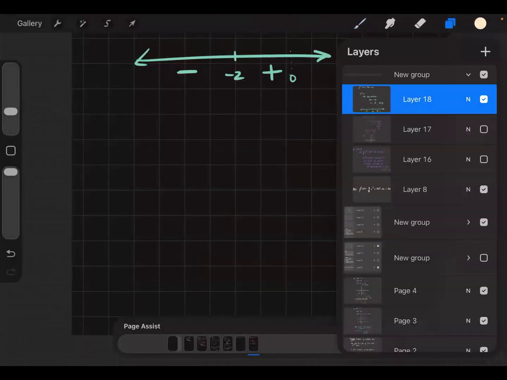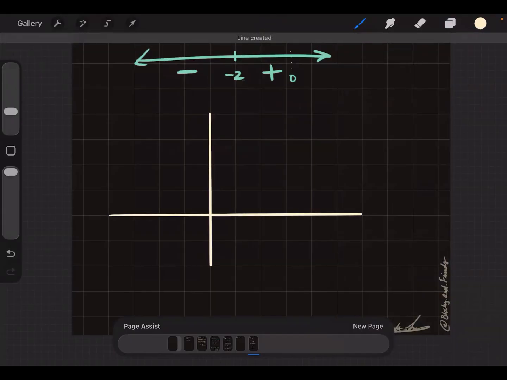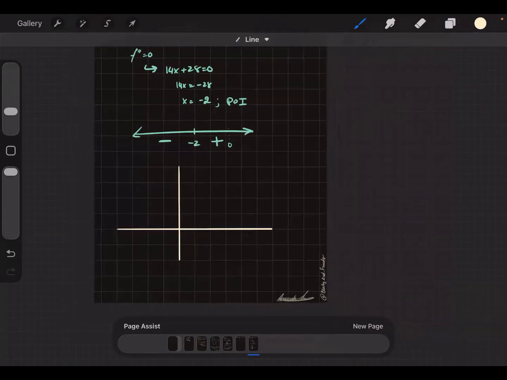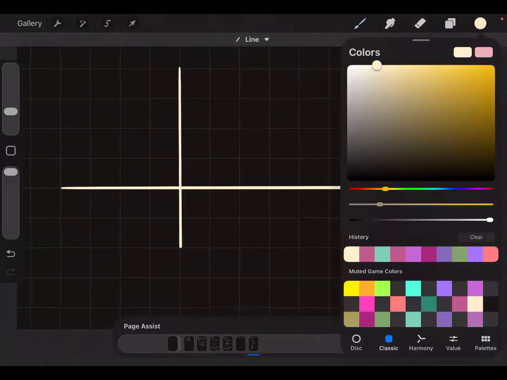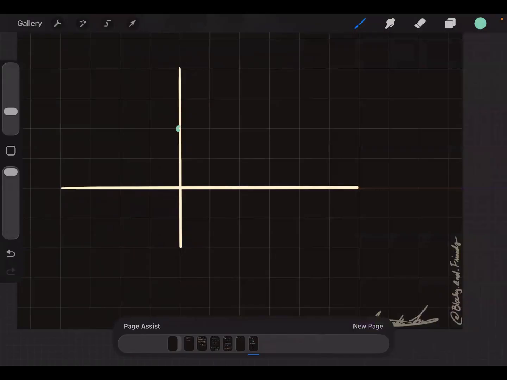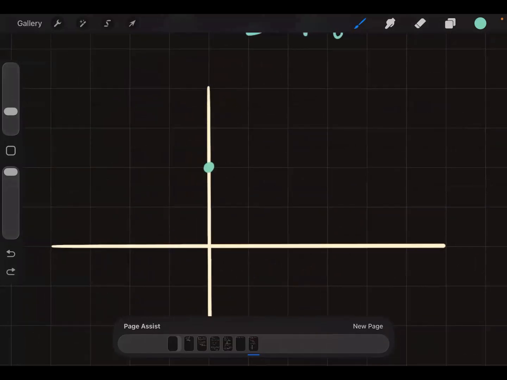As a matter of principle, you should be able to switch between graphing the function, the derivative, and the second derivative, okay? Given one of the other two. Okay, 14x plus 28, that's easy. Let's say 28 is here. So it's going to be 0, 28.